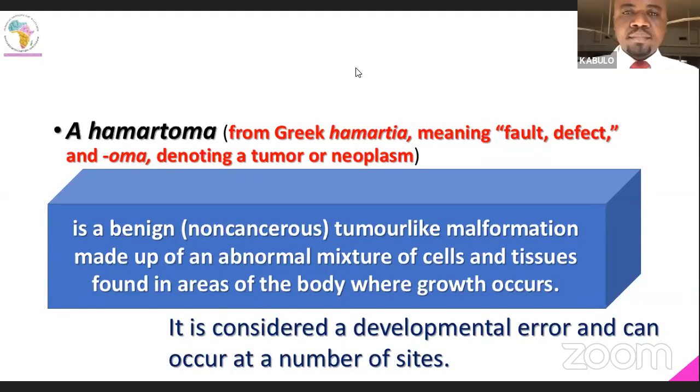So it's a benign, non-cancerous tumor-like malformation, which is made up of an abnormal mixture of cells and tissues found in an area of the body where growth occurs.